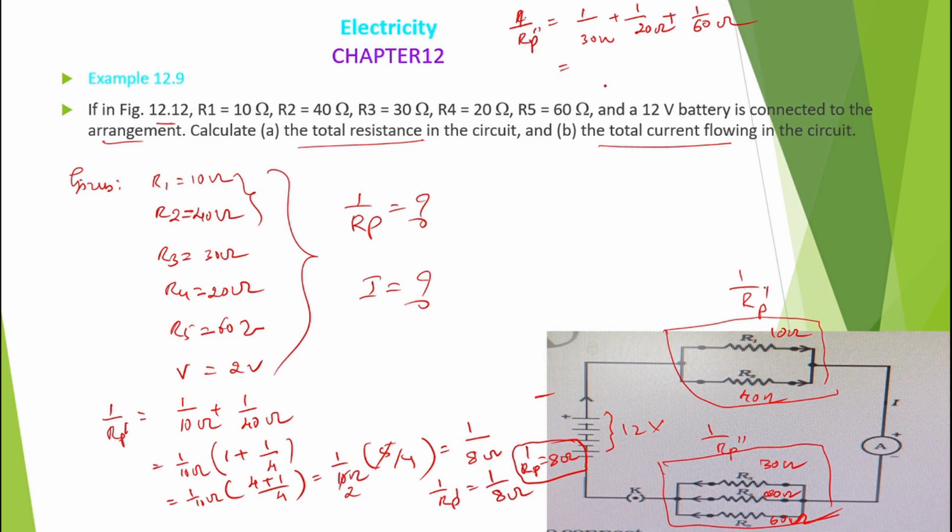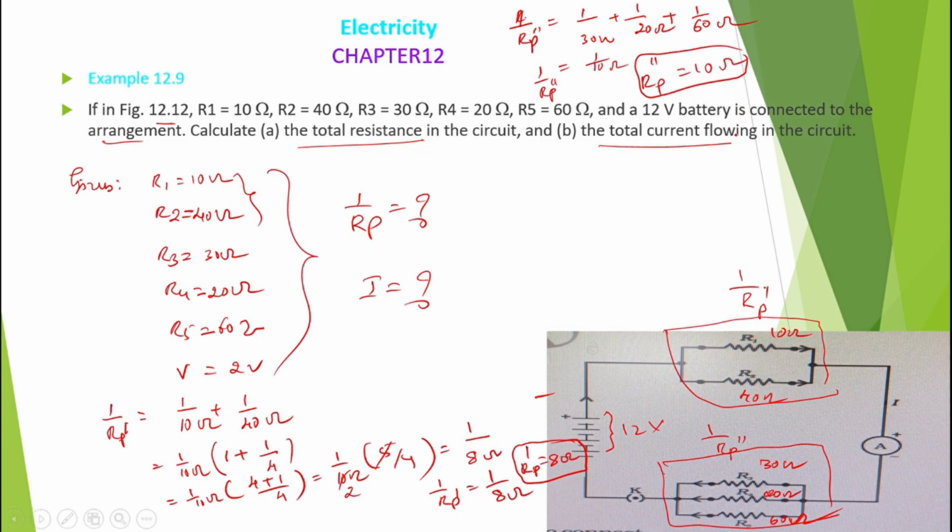And this, if you simplify, you will get 1 divided by Rp double dash equal to 1 divided by 10 ohm. So Rp double dash is equal to 10 ohm you will get. One you got 8 ohm and the other you got 10 ohm.